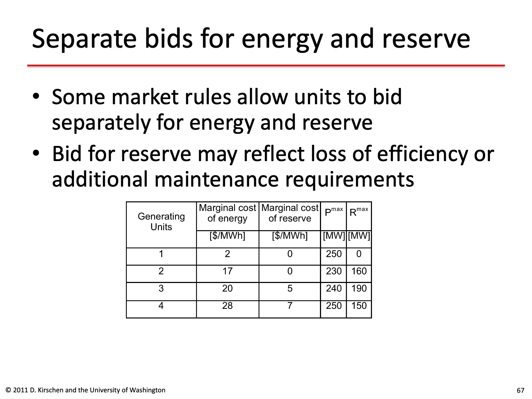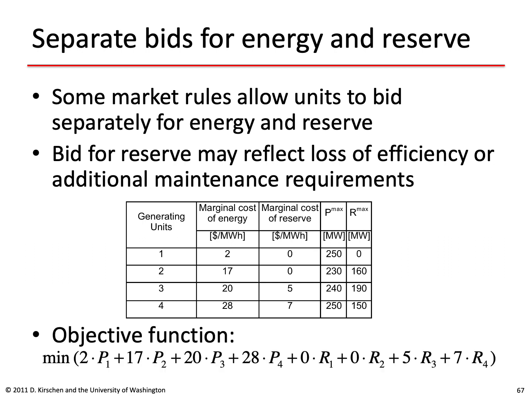Doesn't make much difference for Unit 1 because it doesn't provide reserve anyway, while Units 3 and 4 provide a marginal cost of reserve of 5 and 7 respectively. Therefore, the objective function changes, where we now not only are trying to minimize the cost of providing energy, but also the cost of providing reserve on these bids, which are themselves supposed to be based on the marginal cost of reserve.